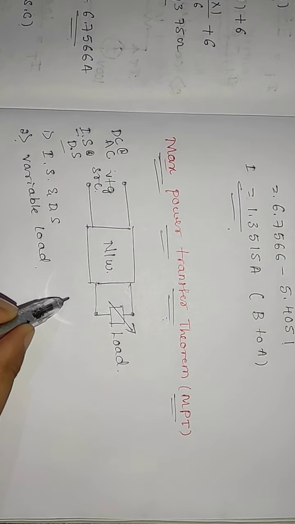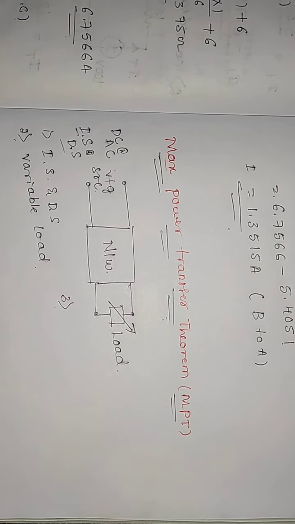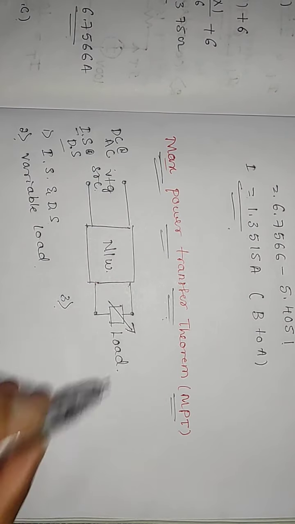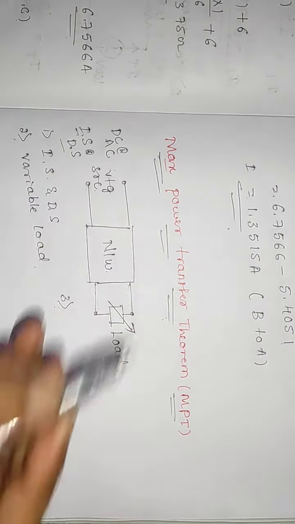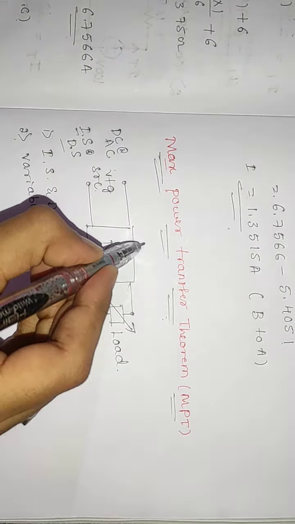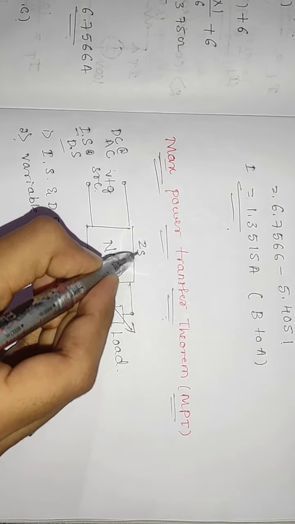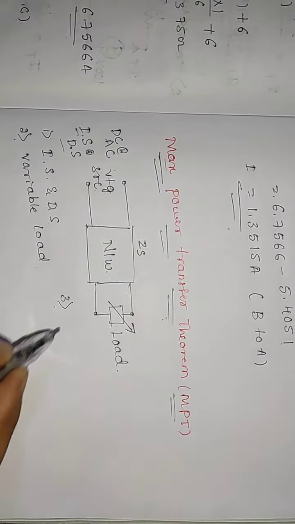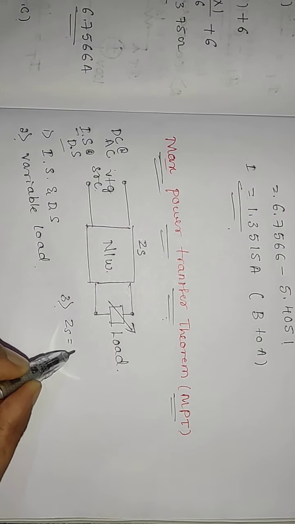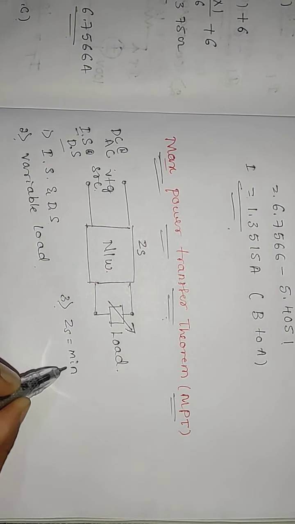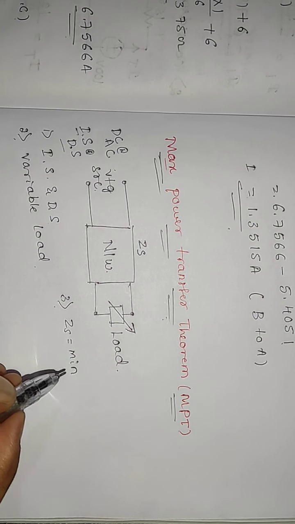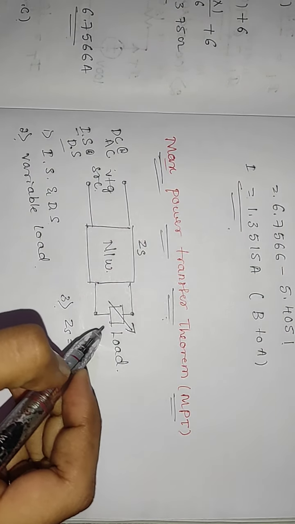In the next point, if in case the load is fixed, we have to choose minimum internal resistance or impedance Zs. You have to choose minimum internal impedance, so that will provide the maximum current flow through the load.